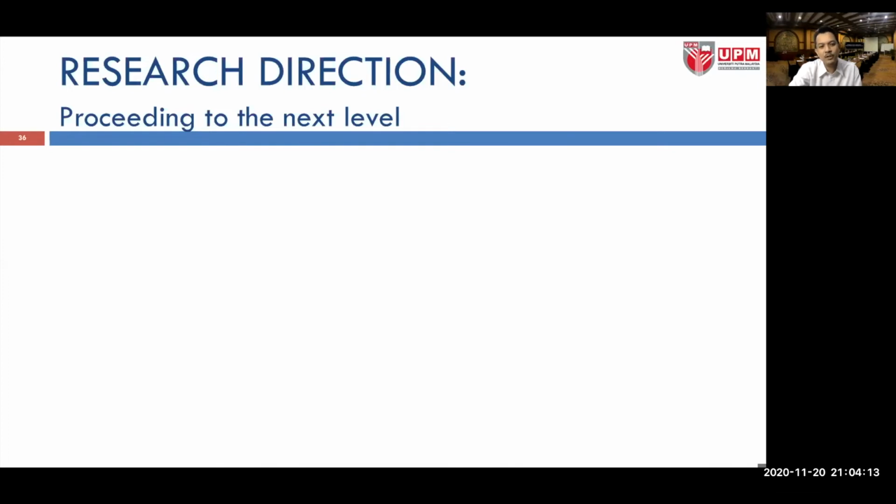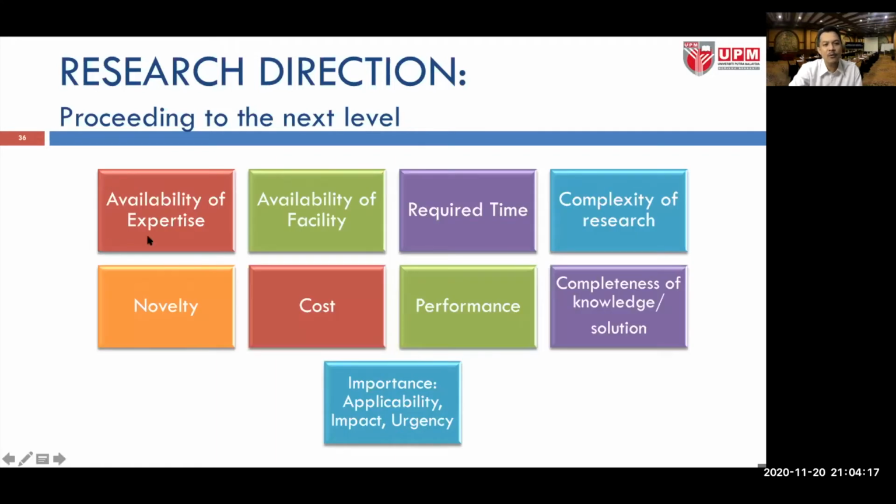Whenever you want to proceed to the next level from one layer to another layer, you need to look at the availability of expertise. For example, if you want to do experiment, whether you have the expertise to do experiment, or your strength is to do numerical simulation, or you are good in terms of doing the design.